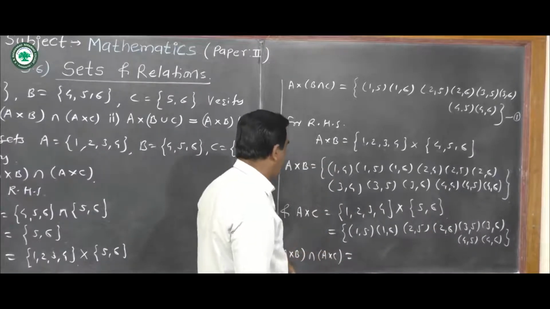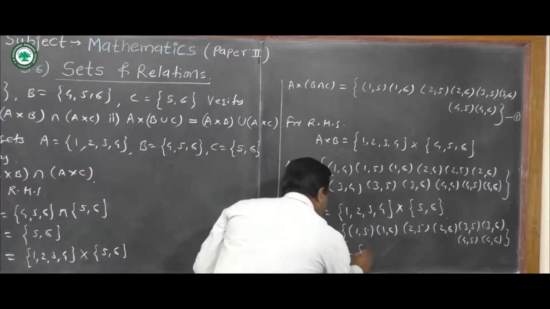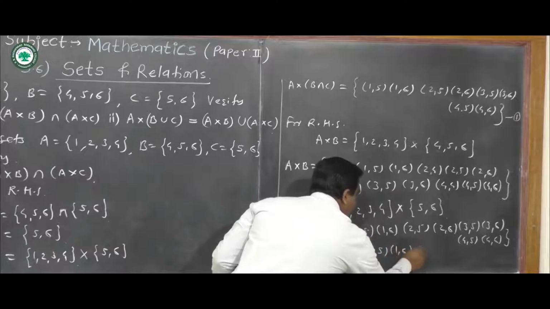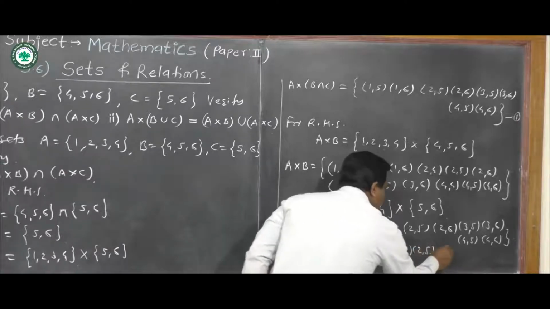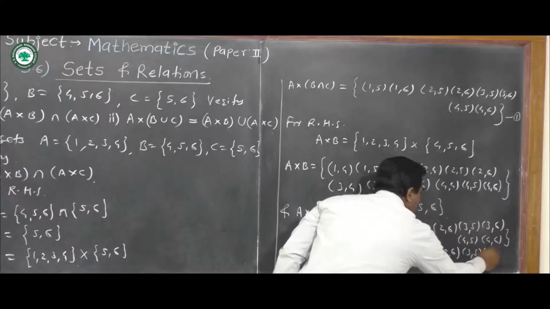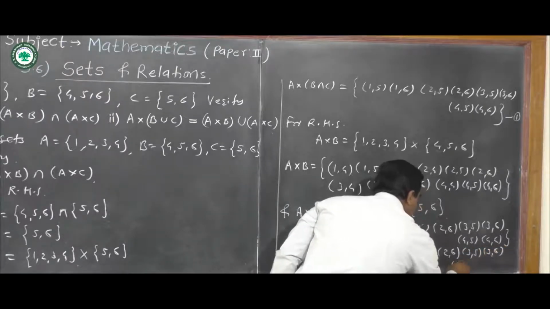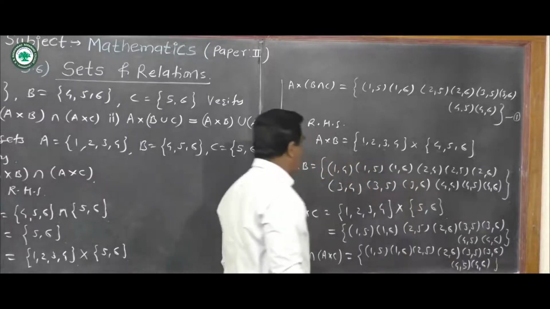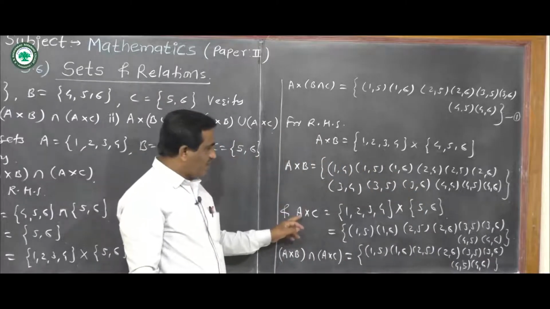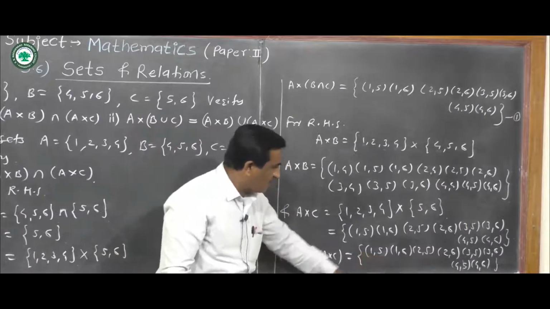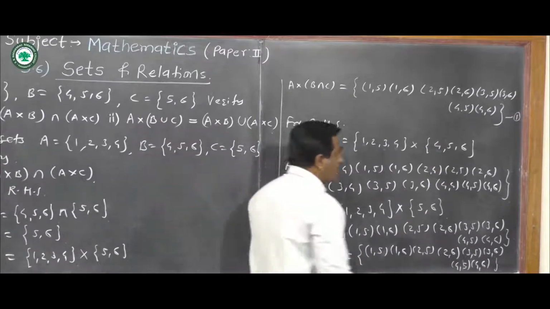That is, this is set A cross C, in curly bracket, 1, 5, 1, 6, 2, 5, 2, 6, 3, 5, 3, 6, 4, 5, and 4, 6. This is the intersection of two sets A cross B and A cross C. Common elements in both sets, these elements, in ordered pair form. Now this is equation number 2.